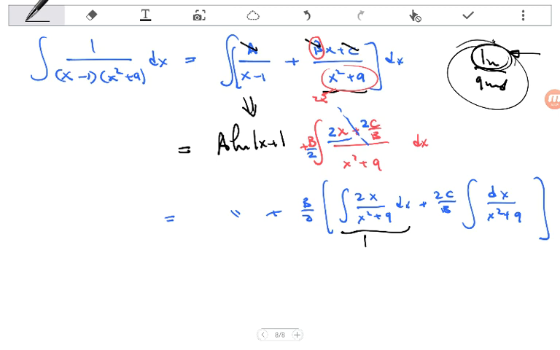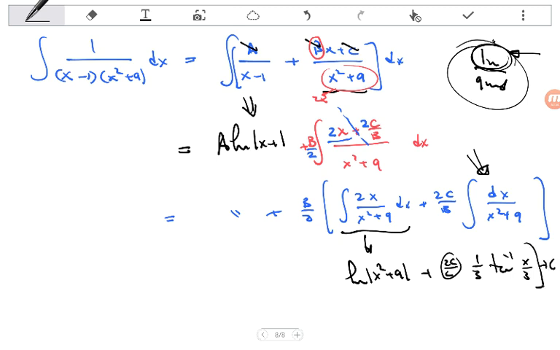The first will just be ln of x squared plus 9, and 2c over b is a constant. What is this integral? It is 1 over 3 tan inverse of x over 3 plus c, all multiplied by b over 2 and this term.